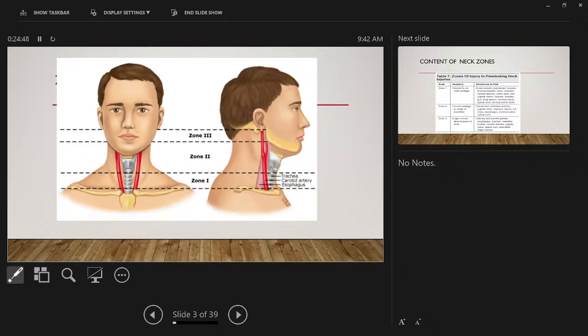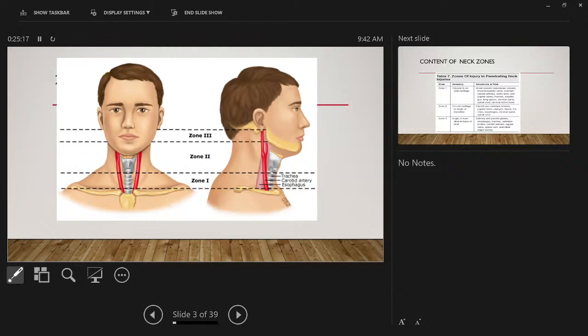But nowadays any zone can be taken up for surgical repair, irrespective of the zone, depending on the severity of the bleed from the vessels or if any hard signs are there. The patient can be taken immediately to the OR irrespective of the zone. So it depends on the hemodynamic stability and the clinical stability of the patient.